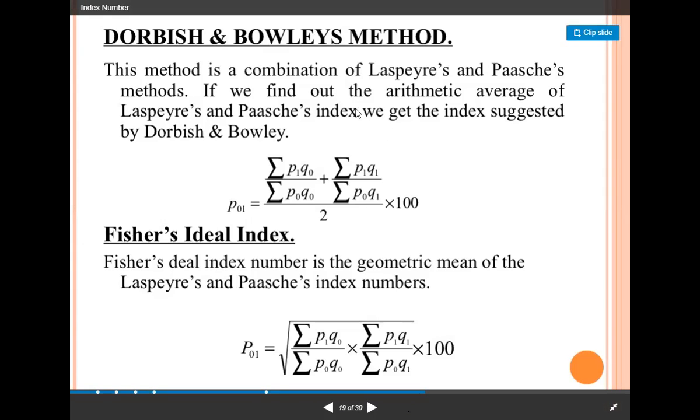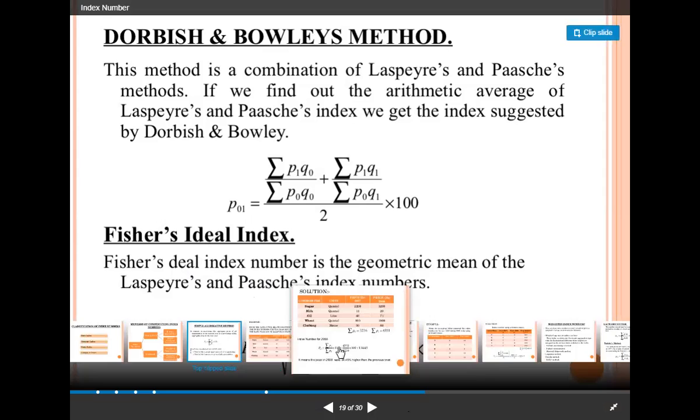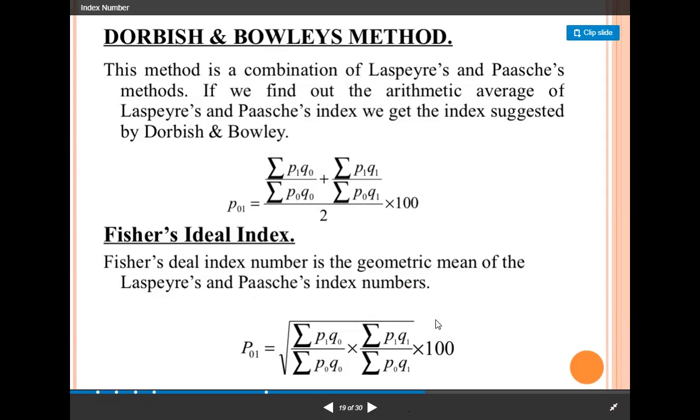Okay. So the Fisher ideal index number is the geometric mean of the Laspeyres and Paasche's index numbers. So P01 equal to square root of summation P1 Q0 by summation P0 Q0 into summation P1 Q1 by summation P0 Q1, into 100.